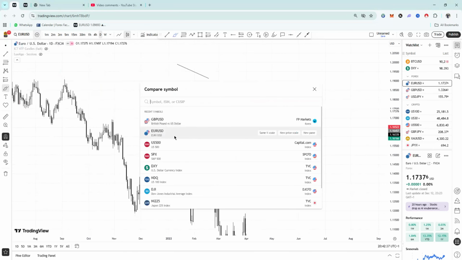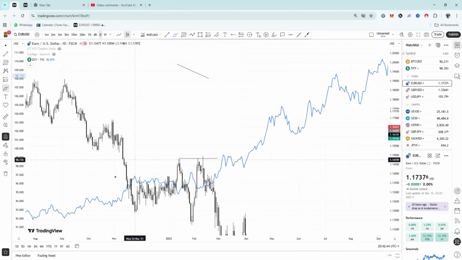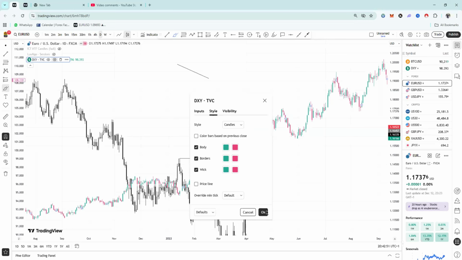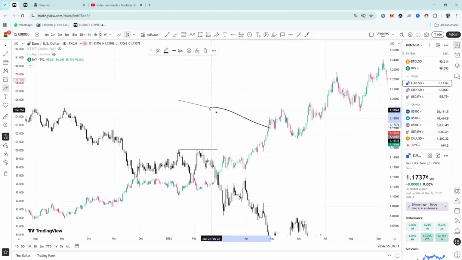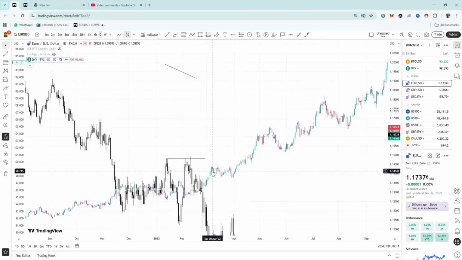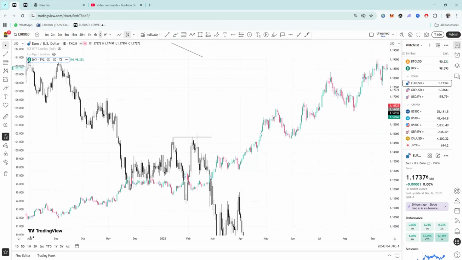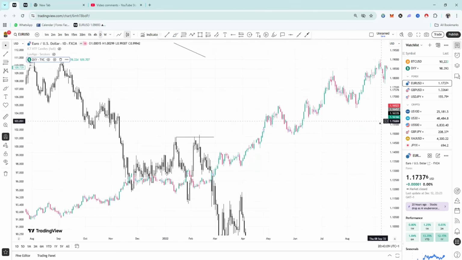DXY is negatively correlated with Euro USD, and the correlation percentage is really high, because DXY tends to do exactly the opposite of what Euro USD is doing most of the time.